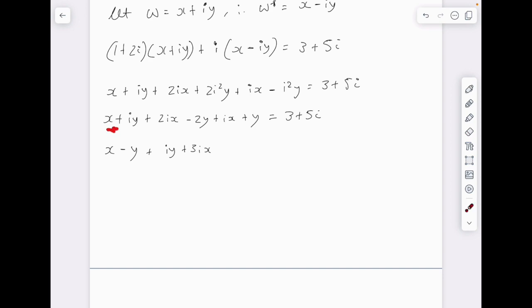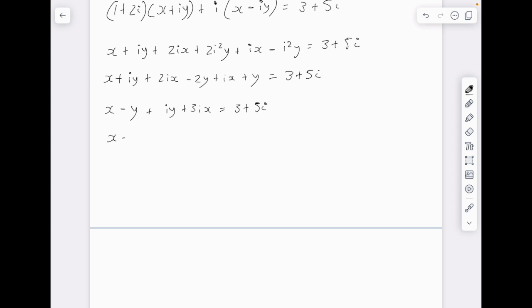Okay, so x, iy, 3 plus 5i, so we get x minus y plus i(3x plus y) is equal to 3 plus 5i.